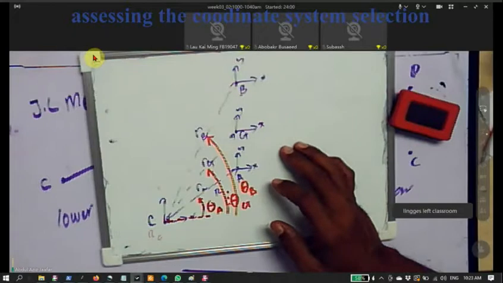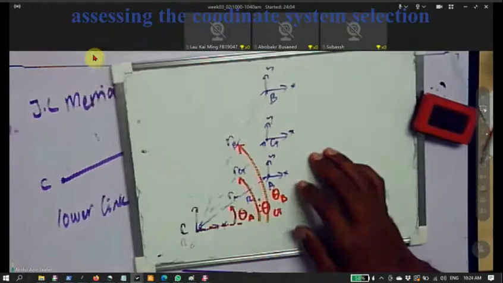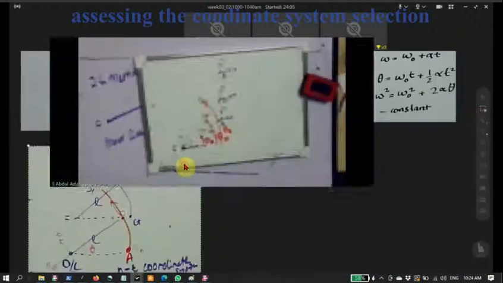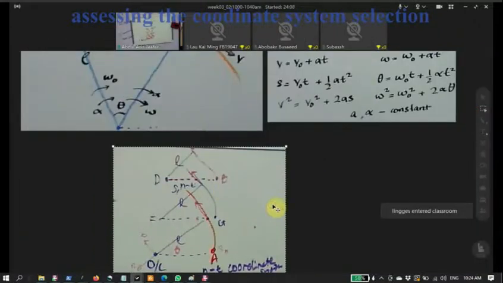So the simplest way to solve this problem is using the normal and tangential coordinate system, because the points A, G, and B share the same magnitude of radius of curvature. So we're going to use that coordinate system.